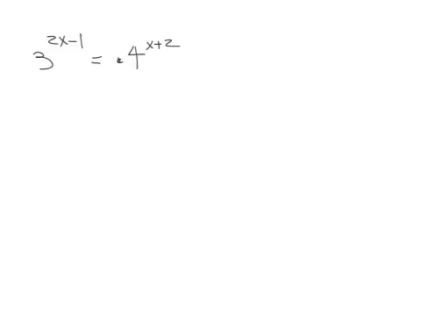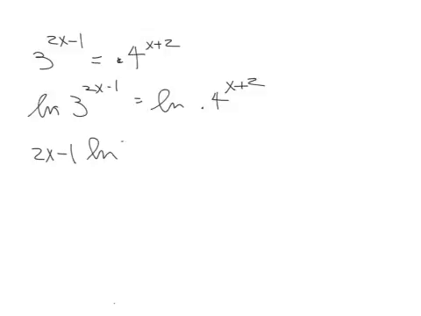Okay, so let's take the ln. All I did was stick an ln on there. Doesn't do anything difficult there at all. Alright, now I can move my exponents to the front. Let's put that in parentheses.